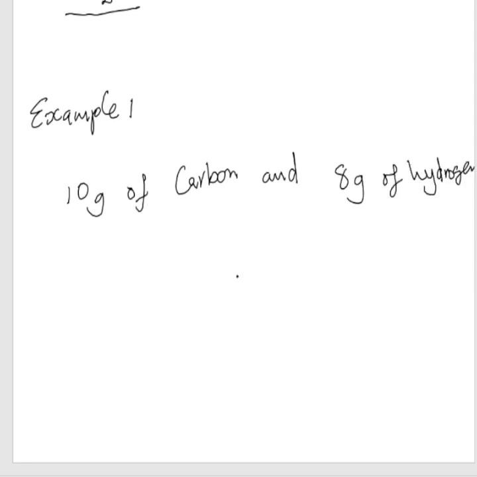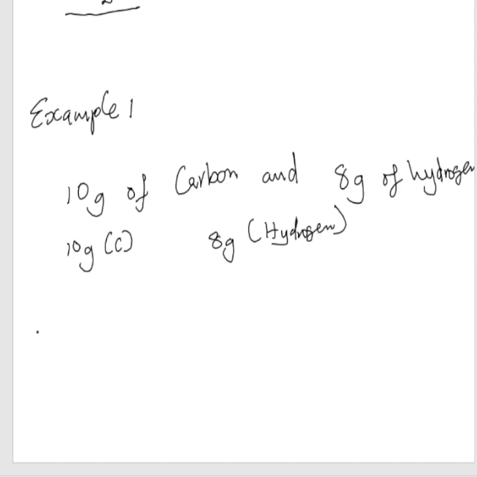So we're given 10 grams of carbon and 8 grams of hydrogen. This is basically what you do.